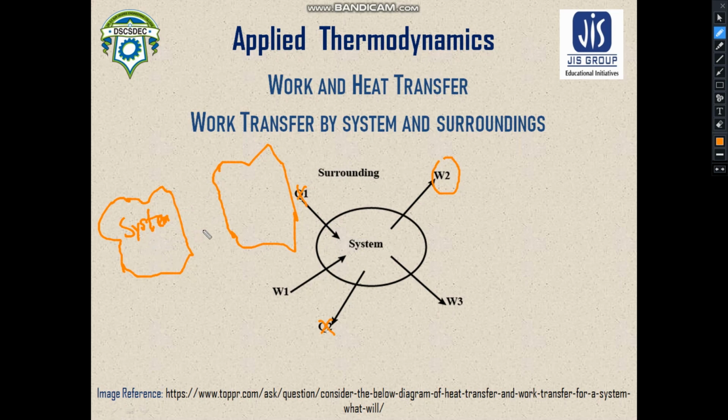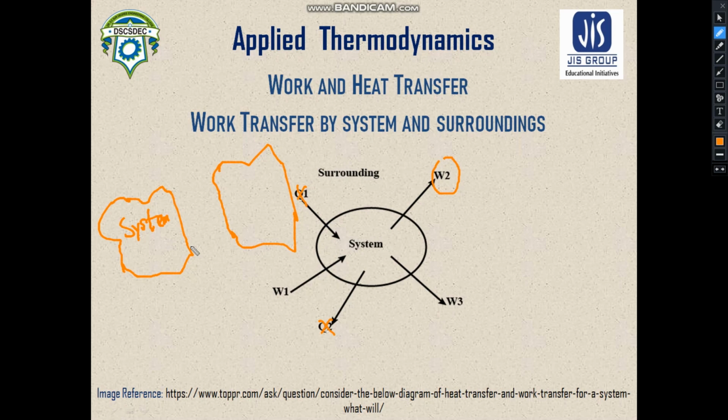Now there will be some cases where you will find the motive force, that means the force which is doing this work, can come from both the system as well as the surroundings. Sometimes the work is done by the system, and sometimes the work is done by the surroundings.